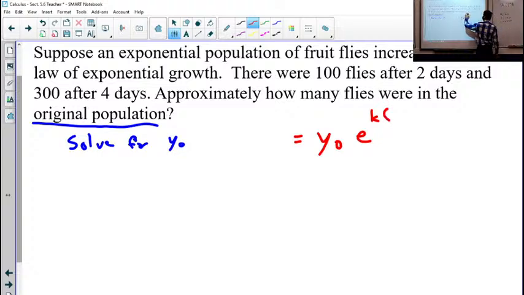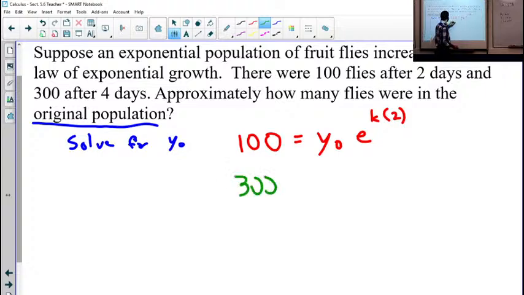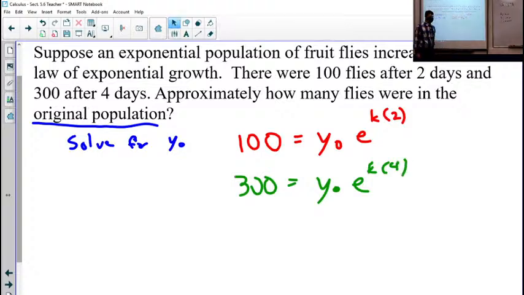After 2 days, we have 100. And after 4 days, we have 300. So those are our 2 points.